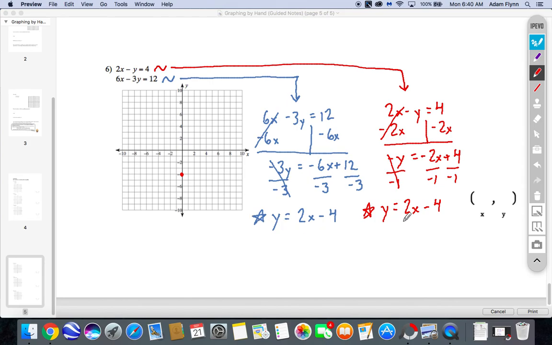And from there, I'll take a look at my slope, which is 2, aka 2 over 1. So I will go up 2 to the right 1. Or I could go down 2 and to the left 1.